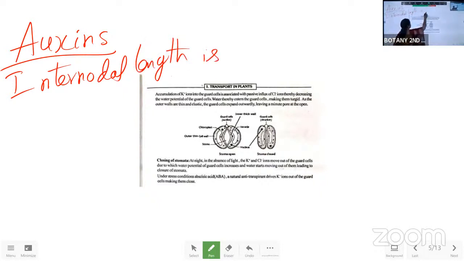Okay, like this, when the auxins are used, the internodal length will be more.